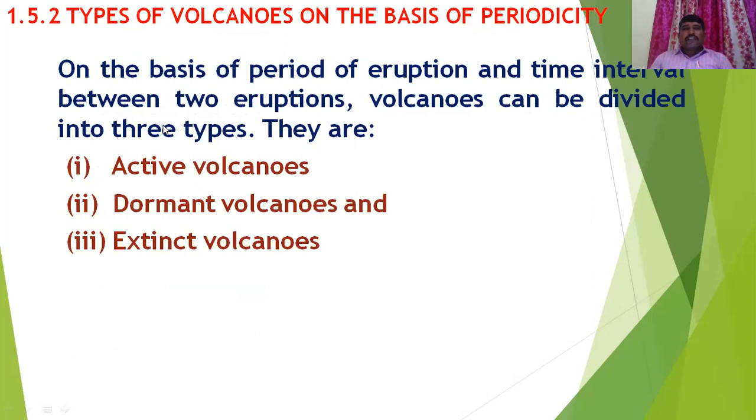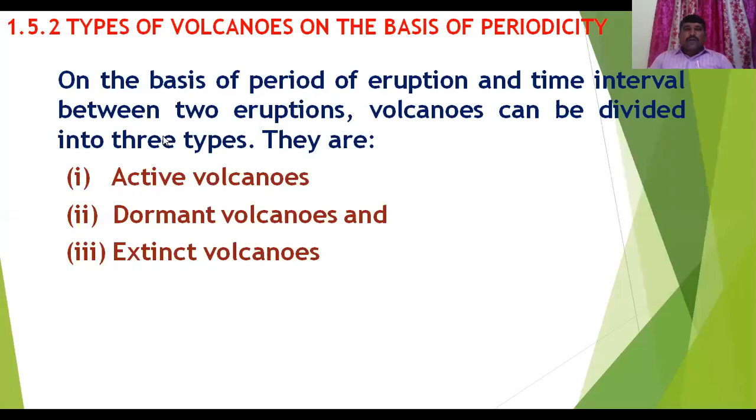Now let us start with the types of volcanoes on the basis of the eruption periodicity. On the basis of period of eruption and time interval between two eruptions, volcanoes can be divided into three types. They are 1.